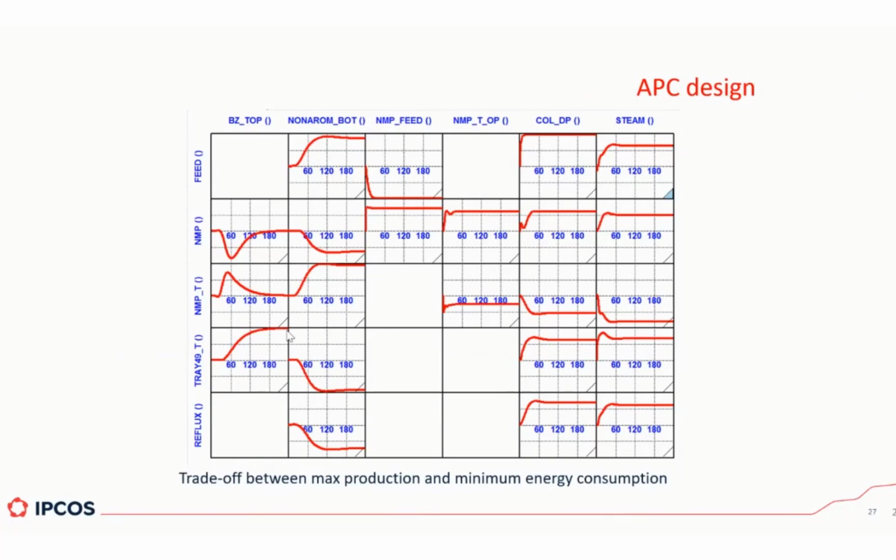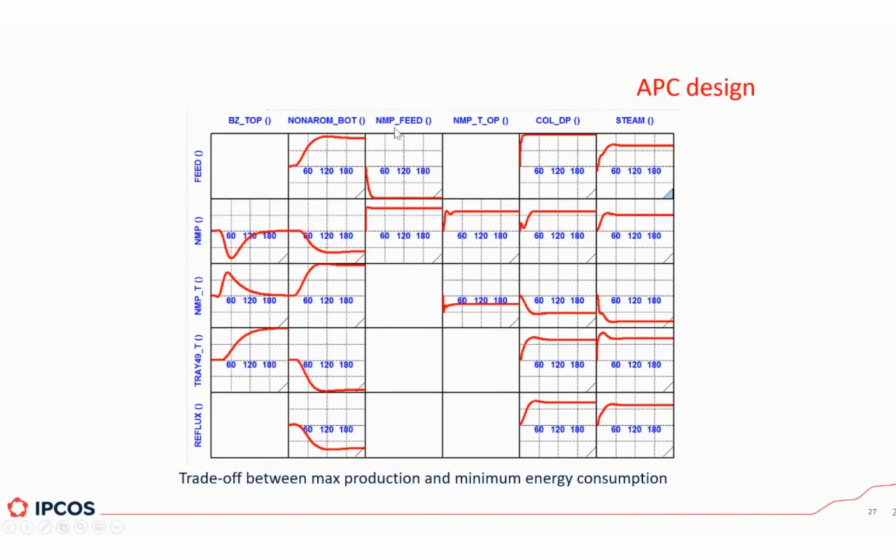It will never behave the same way that it could behave with a model-based control, which is what we applied here, model-based predictive control. And then what we can see also here is the amount of interactions that we need to consider. So for example, when the feed to the column was changed, then immediately the amount of impurities in the bottom changed.